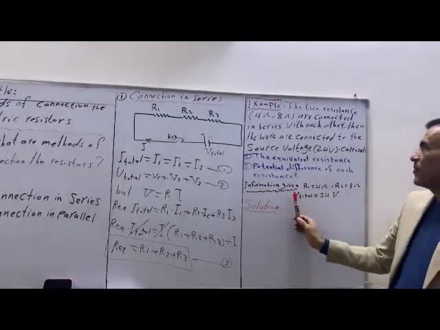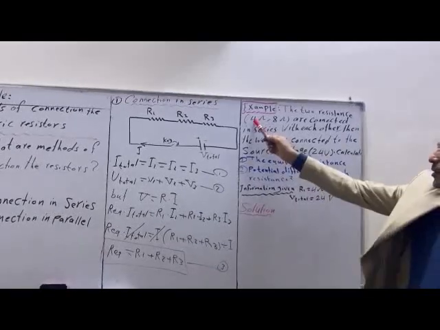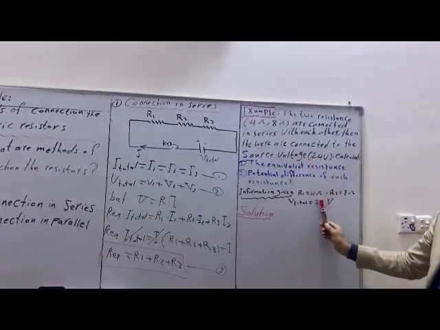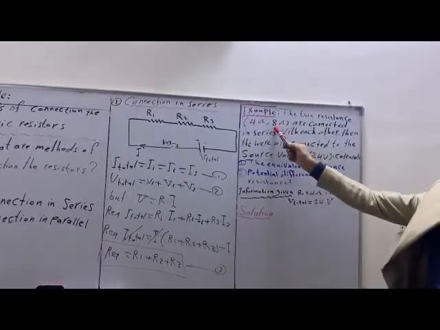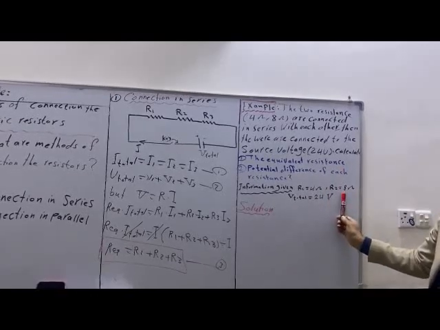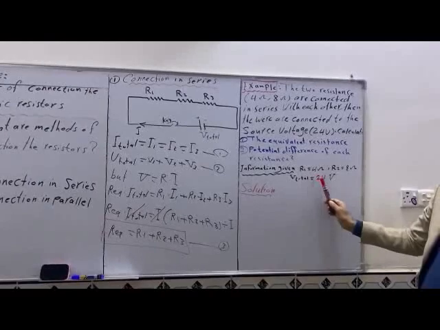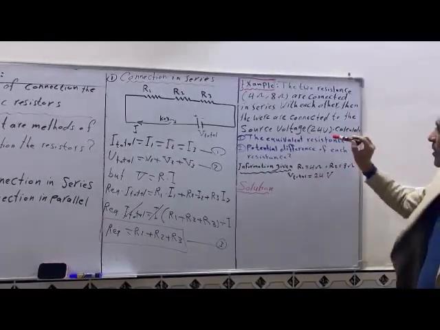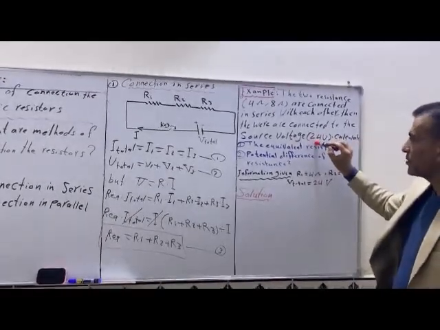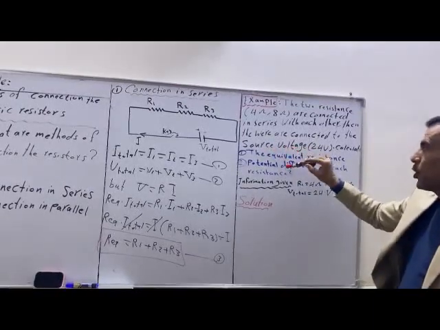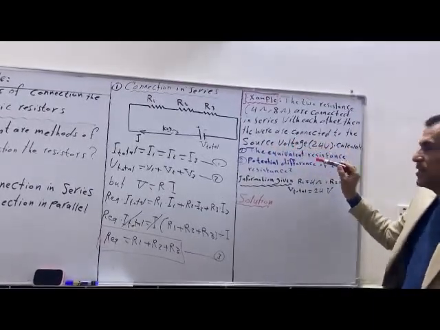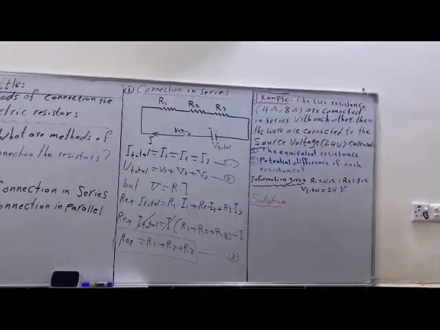Information given: R1 equals 4 ohm and R2 equals 8 ohm. V total equals 24 volt. The potential difference of the source voltage or of the battery represents the total potential difference.